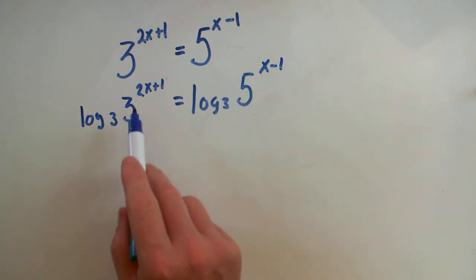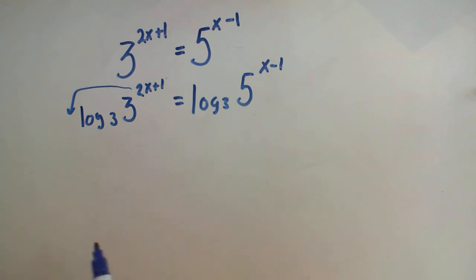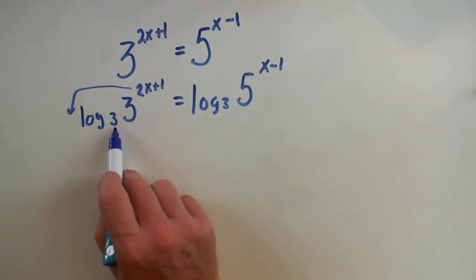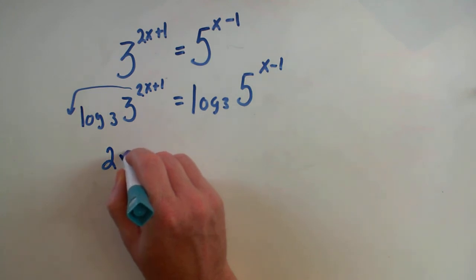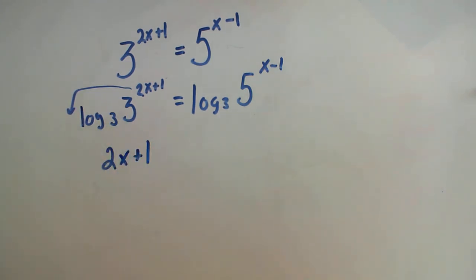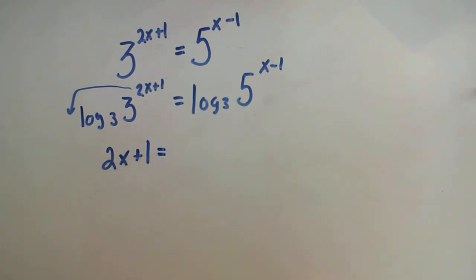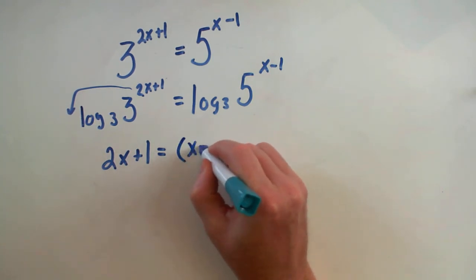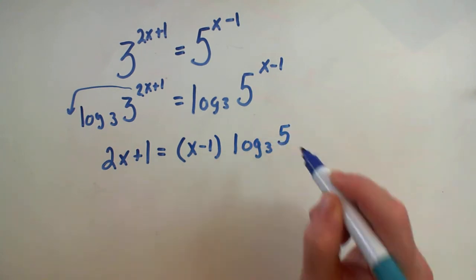Now what we're going to find here, we swing down the 2x plus 1. Log base 3 of 3 is 1. So this side, where I have the base as the same, simplifies pretty simply. It becomes 2x plus 1. The log base 3 just disappears. The other side will stay a little bit more complicated. Over here we end up with x minus 1 times log base 3 of 5.